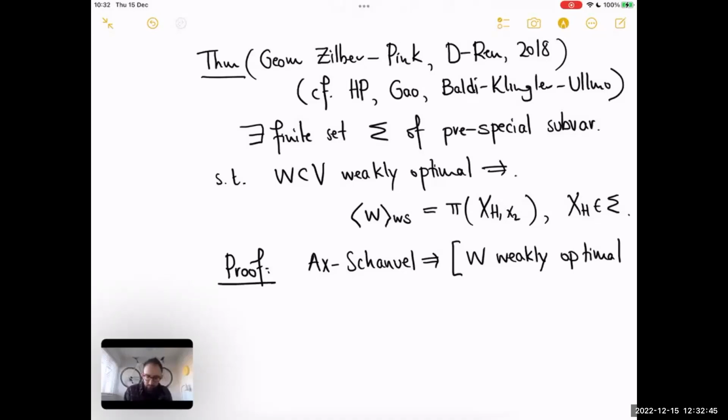So W being weakly optimal turns out to be equivalent to its pre-image upstairs, or the irreducible components of this pre-image, being Zariski optimal. So that's the notion of optimality just based in the Zariski topology.